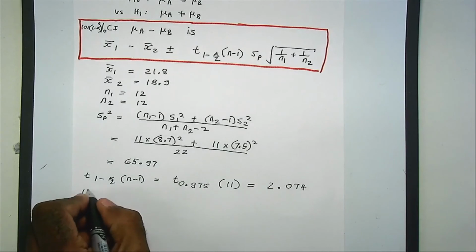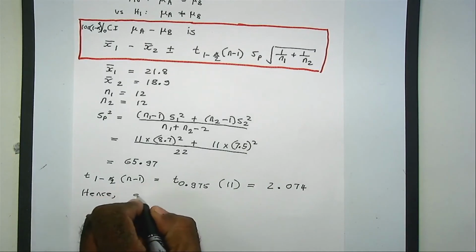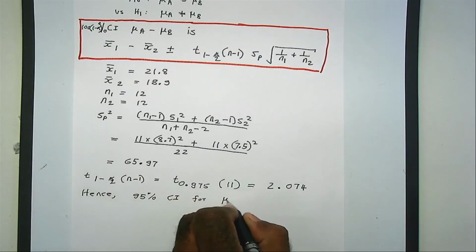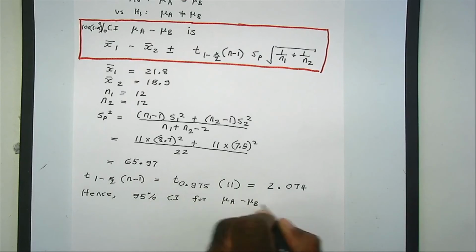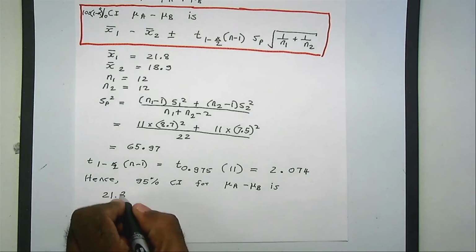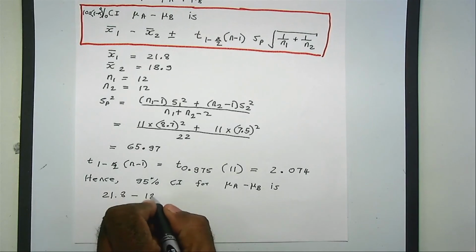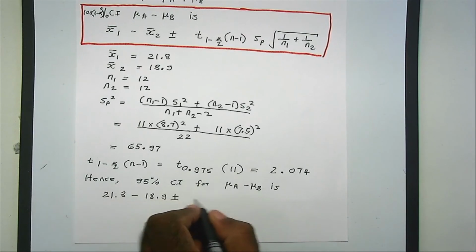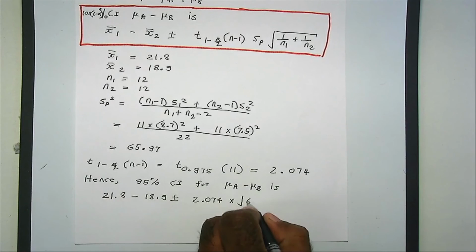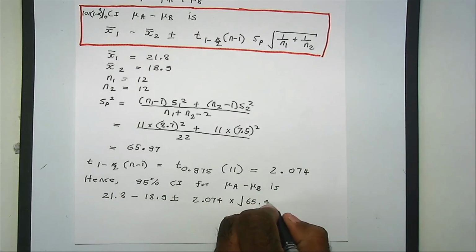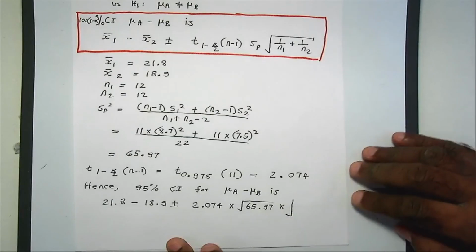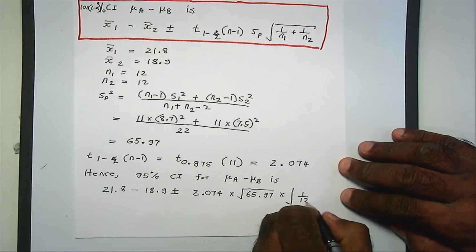So hence the 95% confidence interval for the difference in the population means for the two brands is given by the following: 21.8 minus 18.9 plus or minus 2.074 times the square root of 65.97 times the square root of 1 over 12 plus 1 over 12.